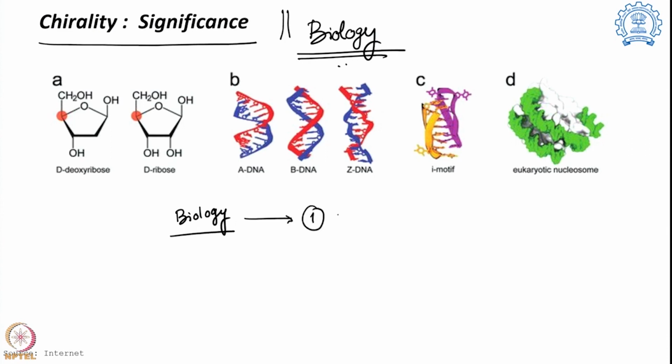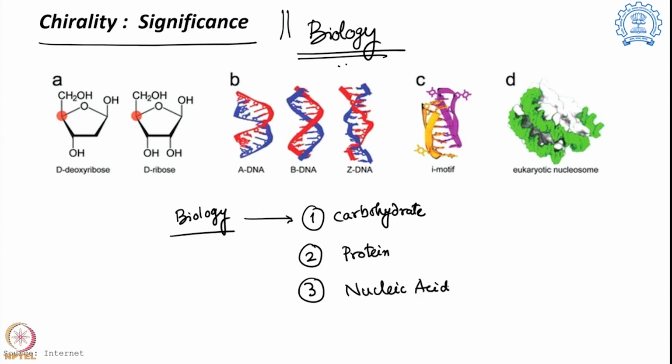One of them is carbohydrate, one of them is protein, and one of them is nucleic acid. So, you can all agree these are the three major pillars of formation of a biological system, from a very small one to a very large one.